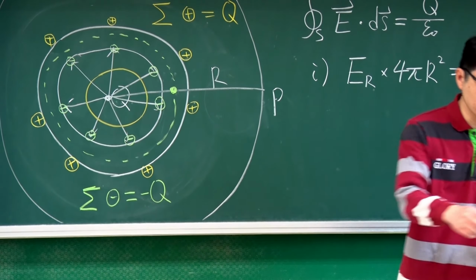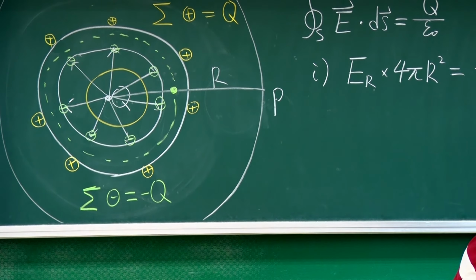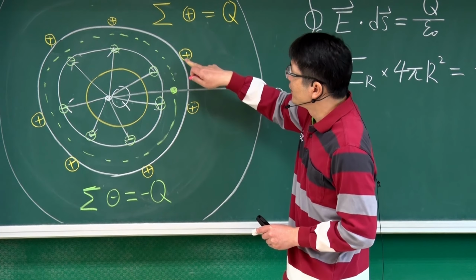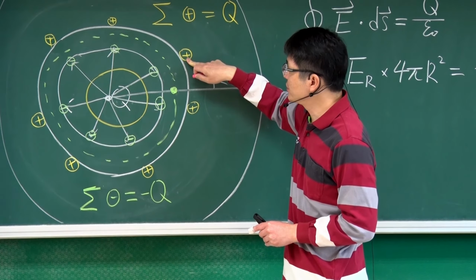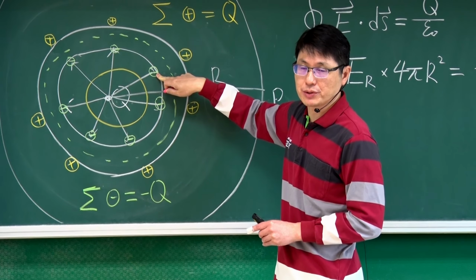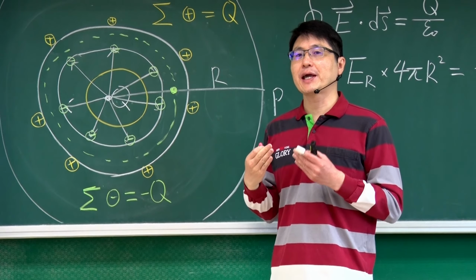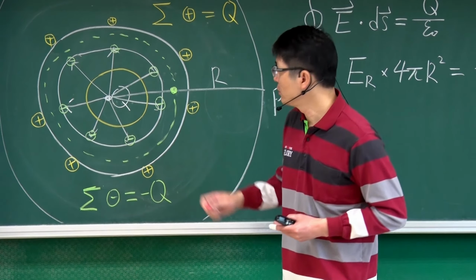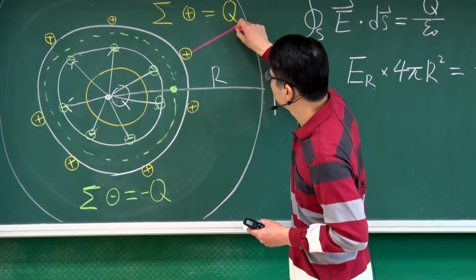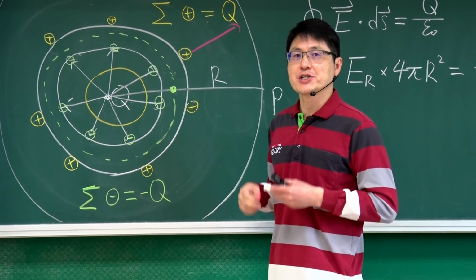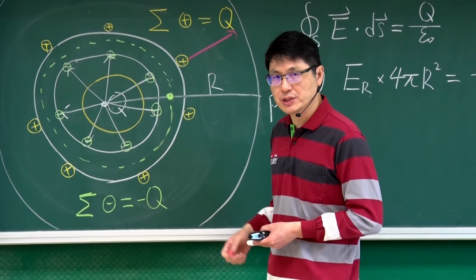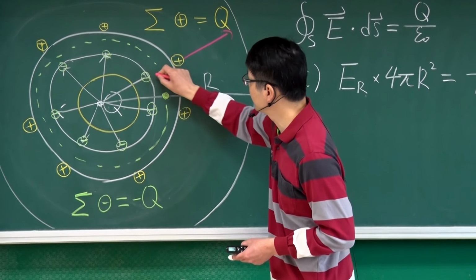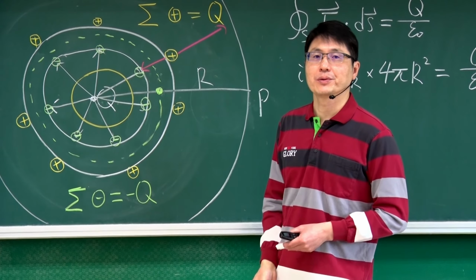Let me use another color, to see whether red appears good. Okay? If you have this positive charge and you have the negative charge, how can you draw the resulting field lines? Well, field lines start from a positive charge and terminate on a negative charge.